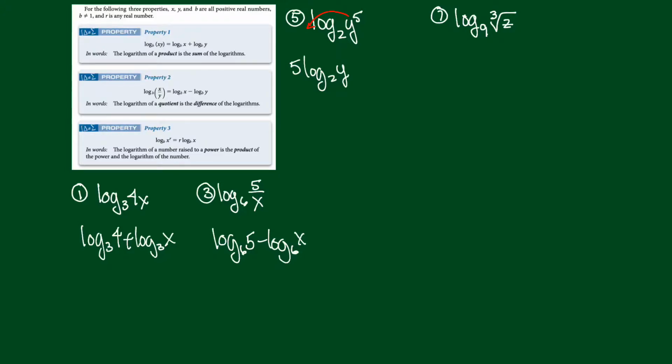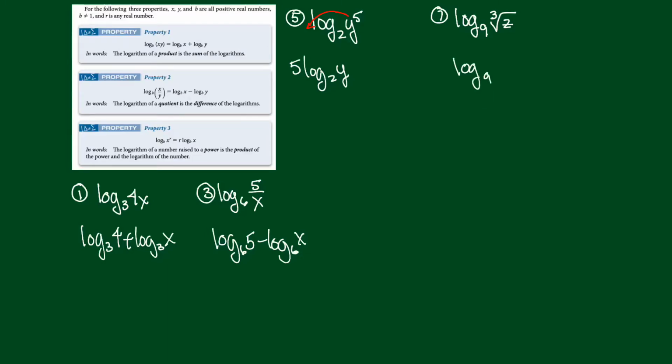Now 7 doesn't match directly any of these. It doesn't look like a product, doesn't look like a quotient, and it doesn't look like one of these, but I can make it look like this one here. Because you can convert from radical form to fractional exponent form by rewriting it like this.